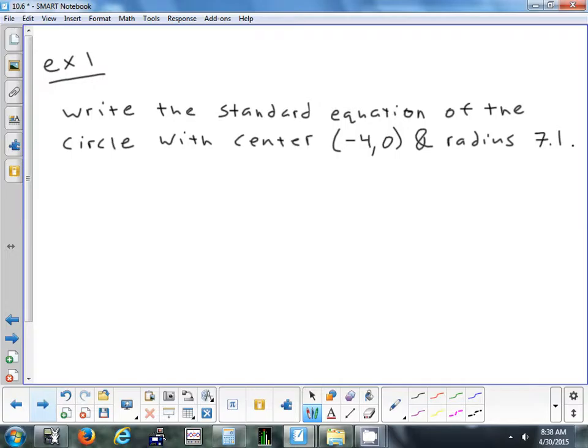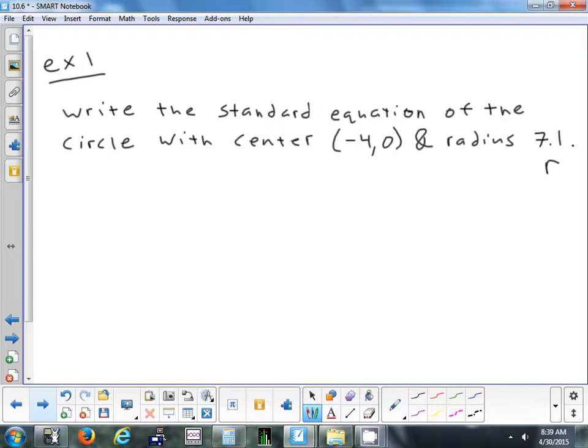Tell me the characteristics of a circle you need to describe to write its equation. Forget the letters. What are the 2 things you need to know about a circle to describe its equation? You've got to know the size of the circle. You've got to have its radius. And what letter was the radius? R. There's 1 letter you need out of the 3.